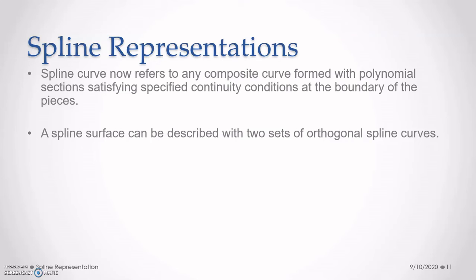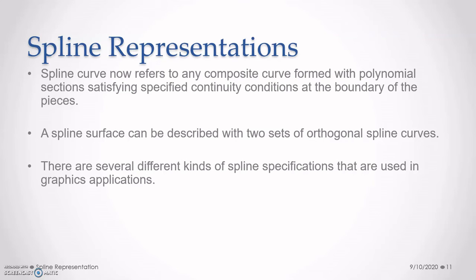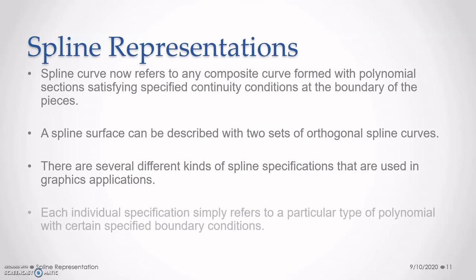A spline surface can be described with two sets of orthogonal spline curves. There are several different kinds of spline specifications used in graphics applications. Each individual specification simply refers to a particular type of polynomial with certain specified boundary conditions.